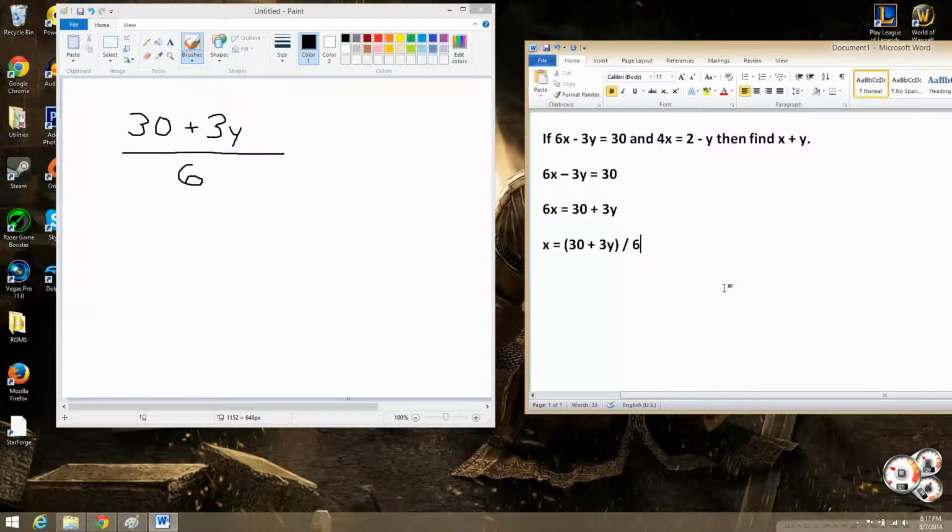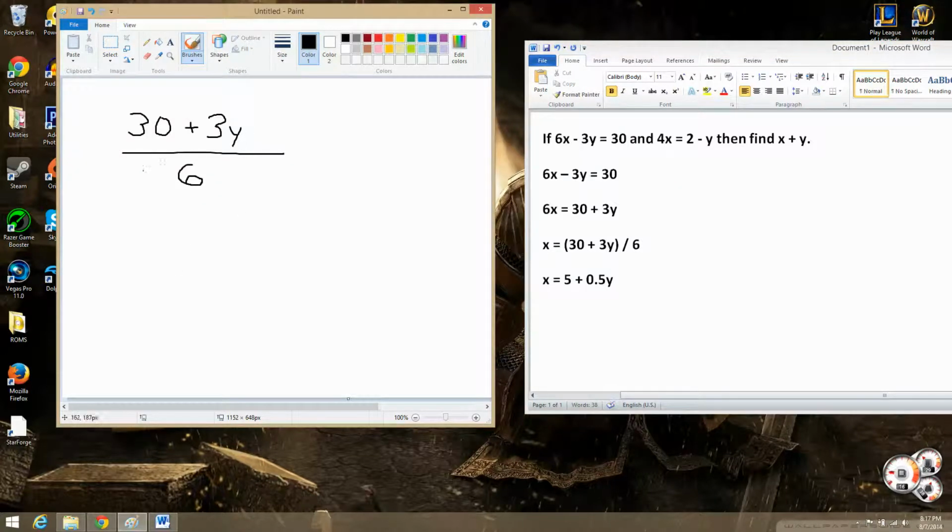Alright, so from there, you're going to divide each of these by 6. So this is going to be 30 divided by 6, and 30 divided by 6 is 5. 3 divided by 6 is 1 half, and 1 half is equal to 0.5. So 5 plus 0.5y.